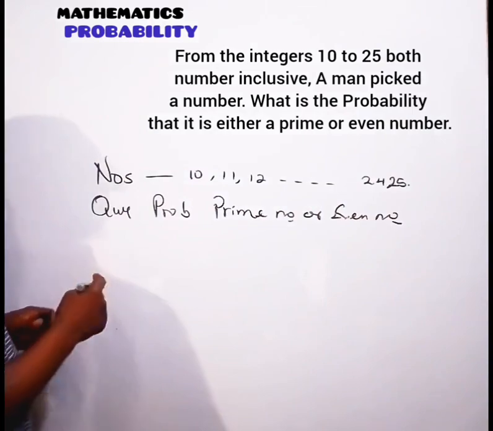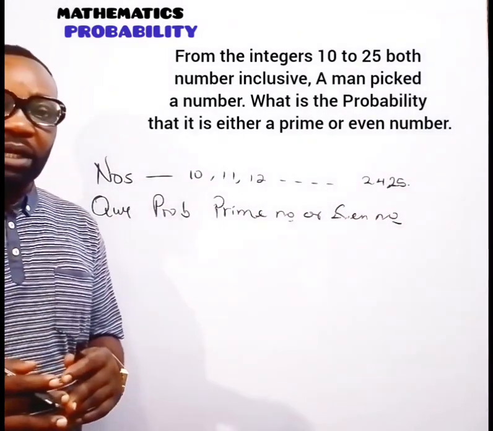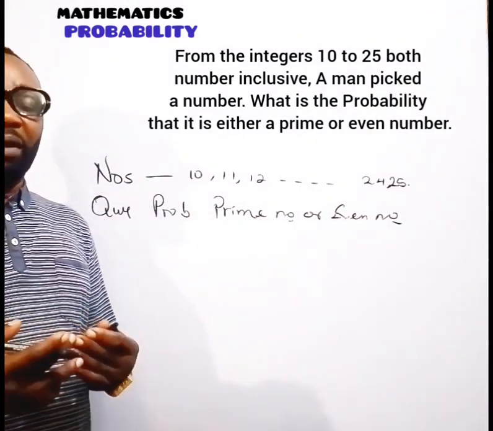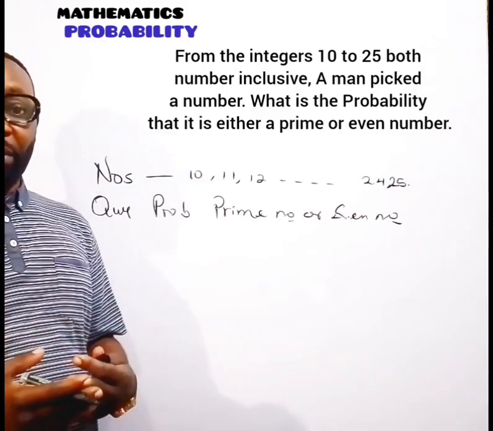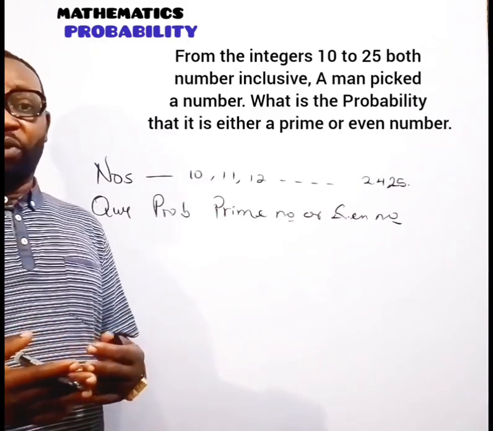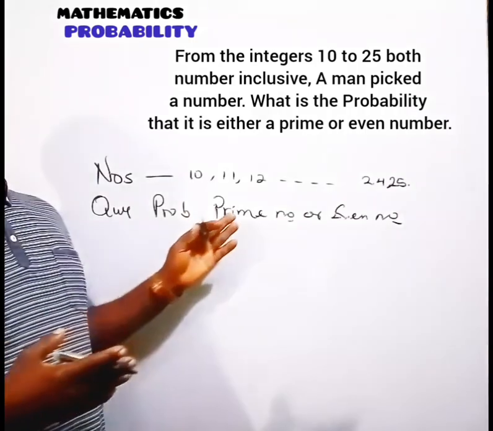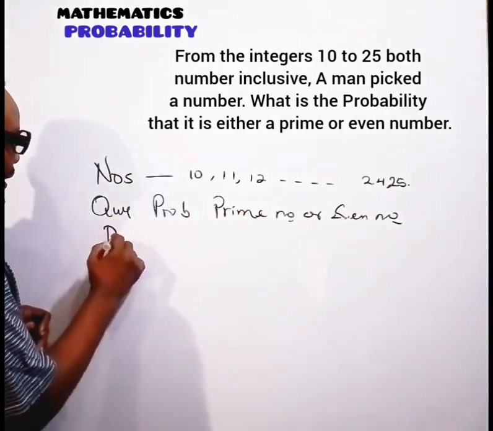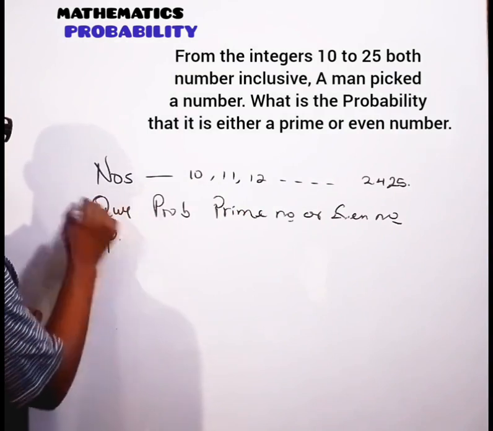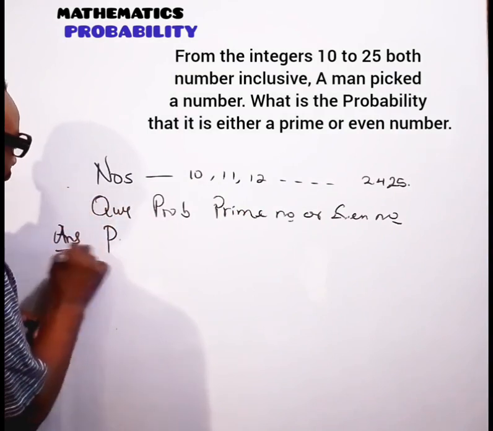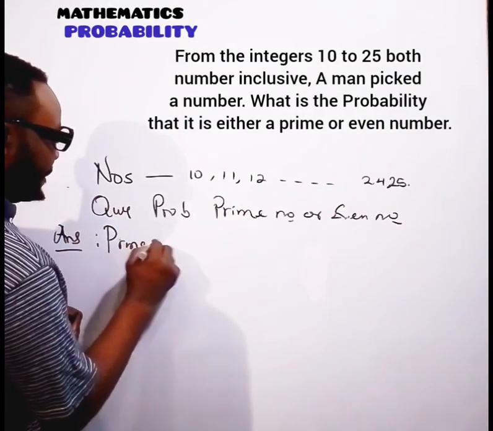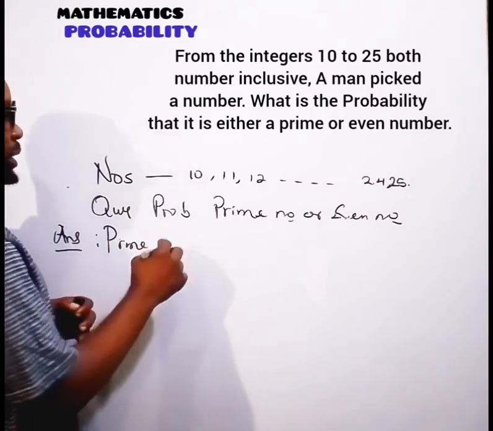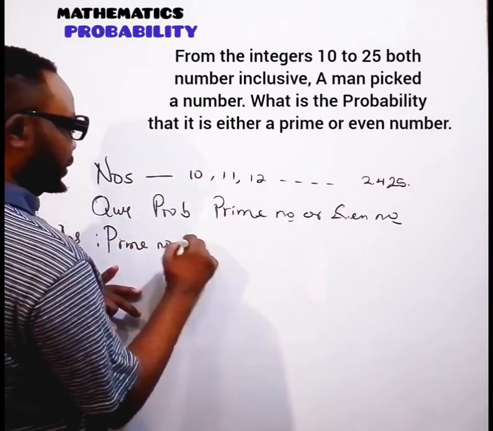What we need to look at there is, let's firstly bring out those numbers that are prime numbers. Then after we've done that, we'll bring out those numbers that are even numbers. The prime numbers will start from 11.